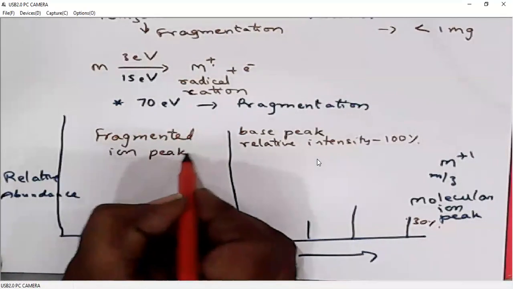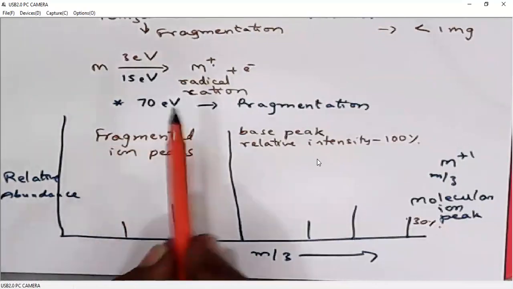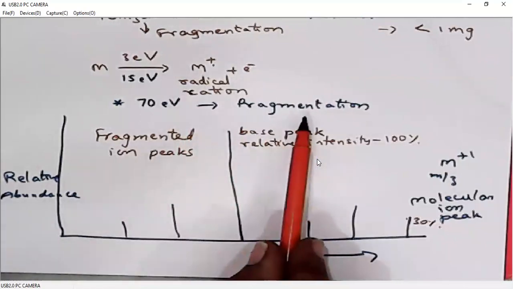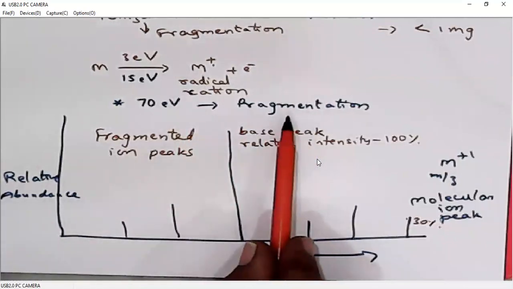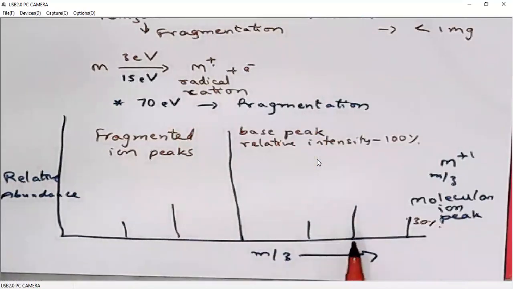So when we are supplying 70 electron volts, the molecule not only ionizes, it will further undergo decomposition. That means it will be converted into small ions. That is what is called fragmentation. These ions will also be detected, and they are called fragmented ions.